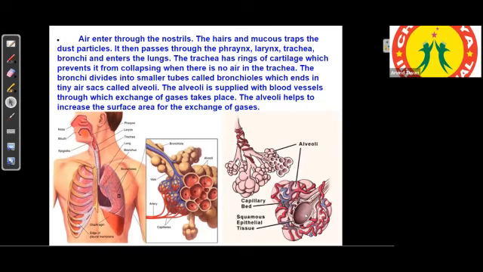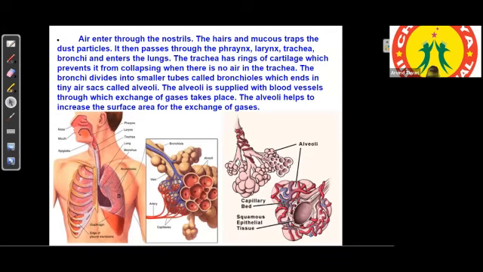So whenever air enters the alveoli, oxygen dissolves into the blood capillaries, and carbon dioxide from the blood capillaries moves into the alveoli. A very good diagram over here also explains the blood which is coming to the alveoli.